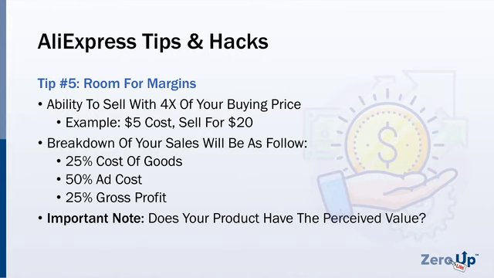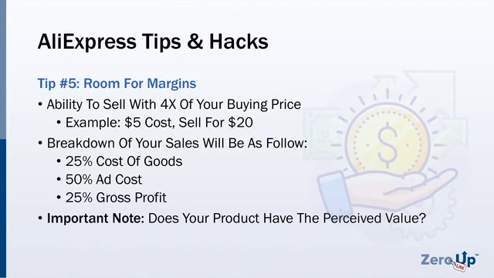So let me give you an easy example. Let's say that you go down to the grocery store and an apple usually costs around $1, okay, for easy math. And if you actually sell the apple in your store for $4, people are not going to buy because they don't see a perceived value of an apple that's $4 where they can actually get it from a grocery store for $1.